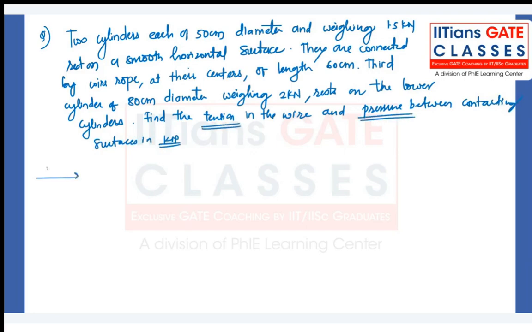Let me help you out with the diagram. So two cylinders, these are the two identical cylinders of 50 centimeter diameter, and weight is 1.5 kilonewton.